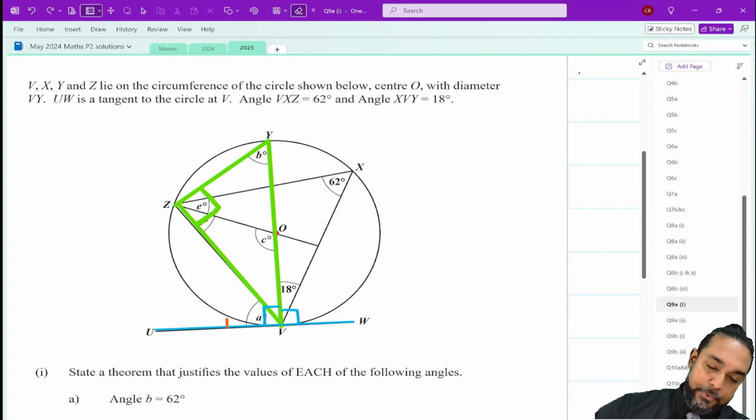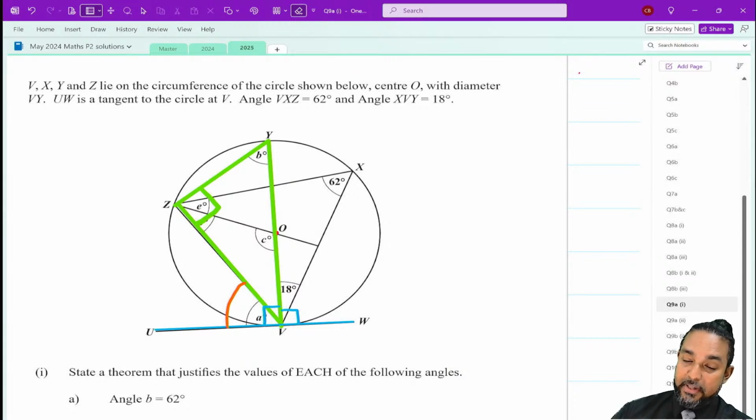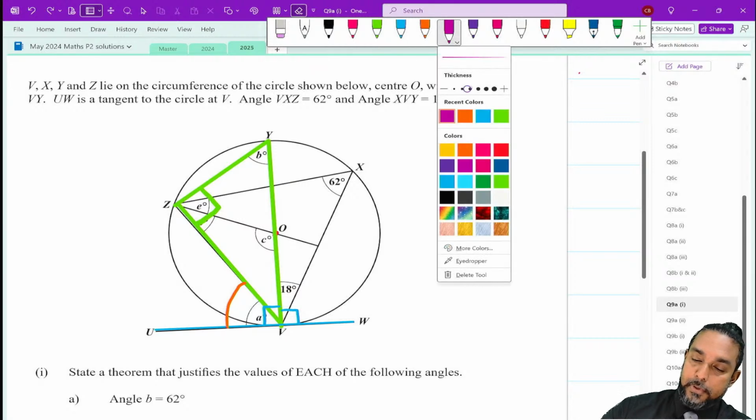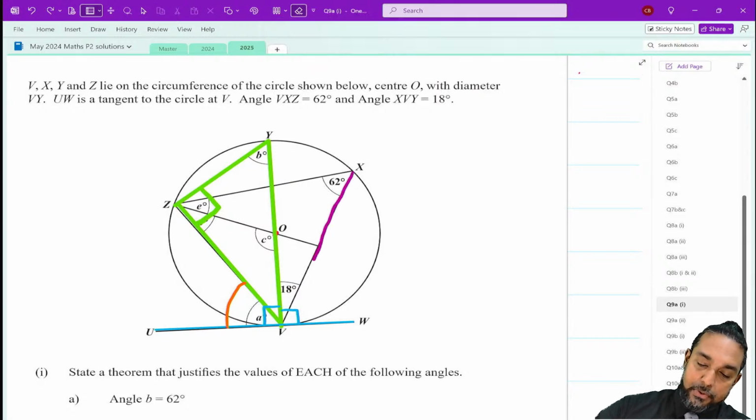So the angle between tangent and chord, which is at angle A, is equal to the angle in the alternate segment, which actually is this angle here. And on the other side, let's get a different color going. Because this line here is also a chord. So the angle between tangent and chord is equal to the angle in the alternate segment, which is actually, hold on, yeah, that's this angle here.